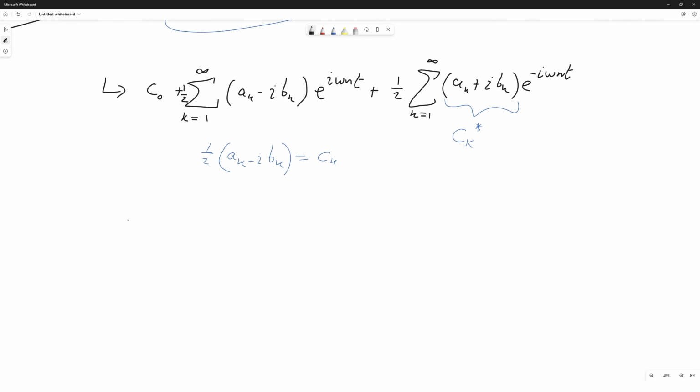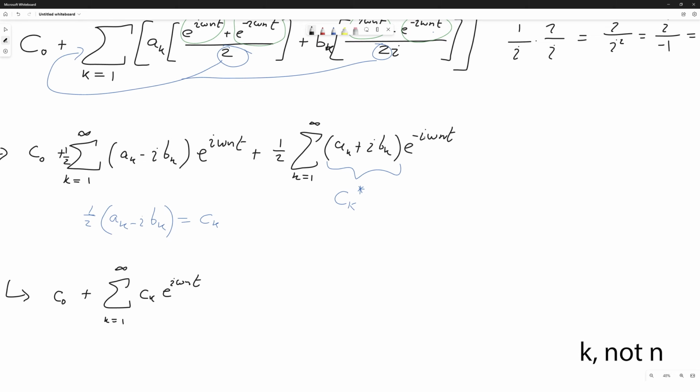We can further simplify this equation to just be the sum from k equals 1 to infinity of c sub k e to the i omega nt. And notice that this is also a complex conjugate. But I forgot to make these k.